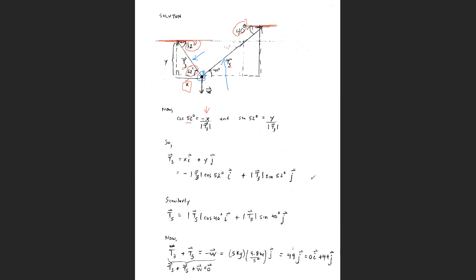In other words, I have this right triangle here on the left, and I want my leg and my hypotenuse positive. That means the leg has to be negative x, and the hypotenuse is the magnitude of the tension of the 3 meter rope.